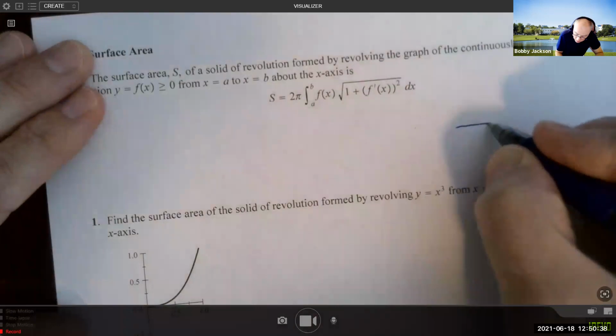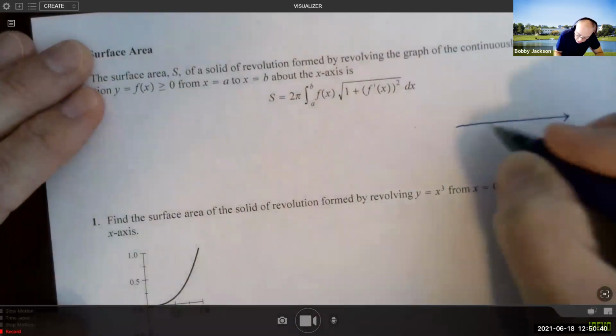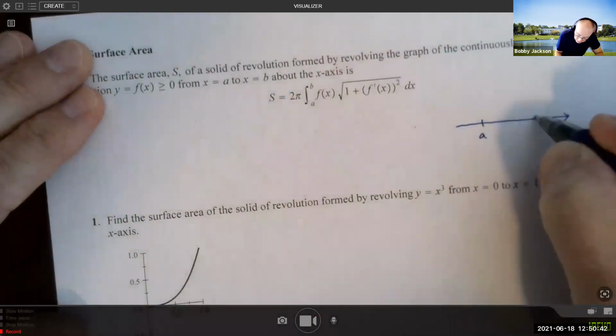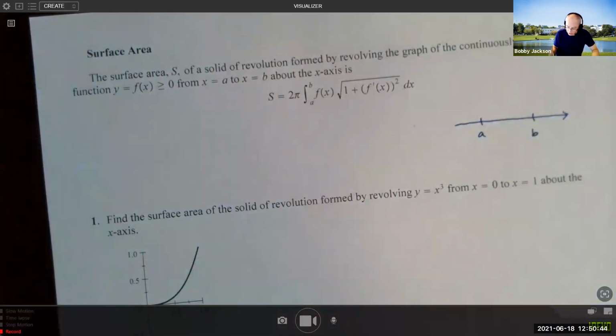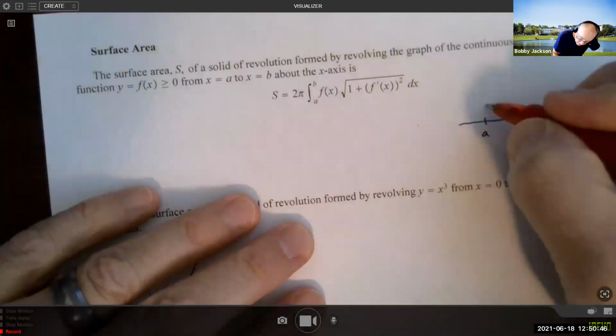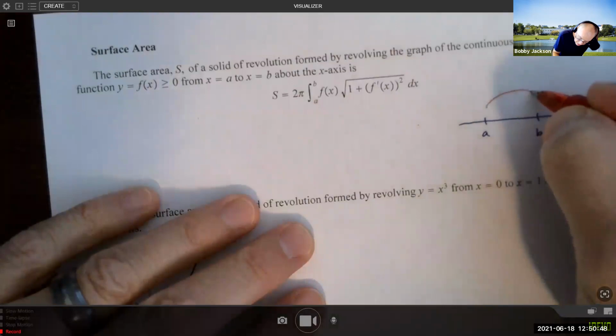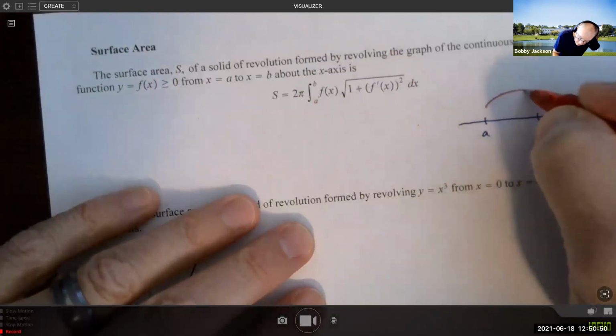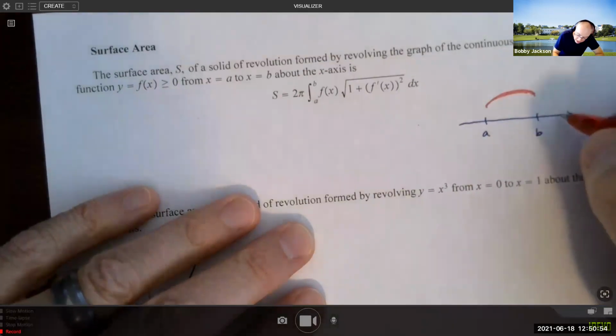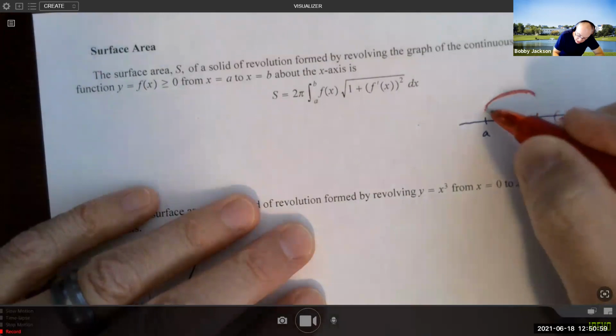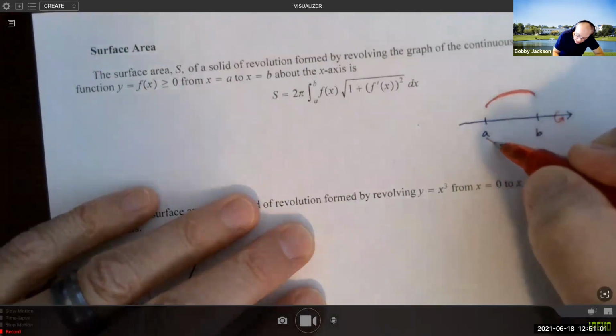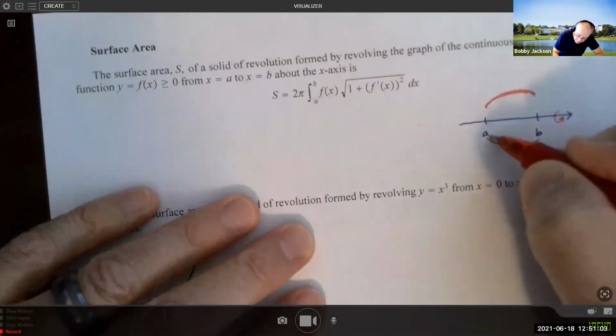So if we look at, on the interval from a to b, some curve, and let's just suppose the curve looks something like that on the interval from a to b. Okay, so I'm going to rotate that about the x-axis. And it's going to come back and go into the page and over down here, right?